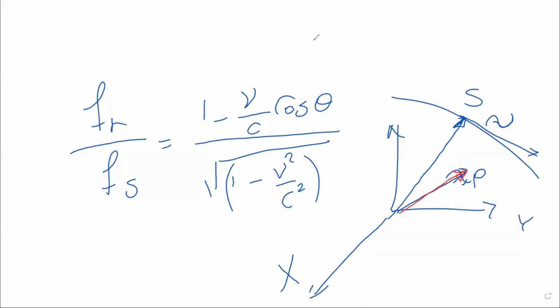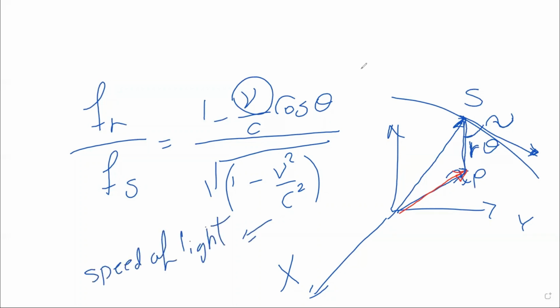What I may need to know is this R. Theta is this angle, the angle between the velocity vector and this line, which is passing through P and S. V is the velocity of the source which is moving. C is the speed of light.